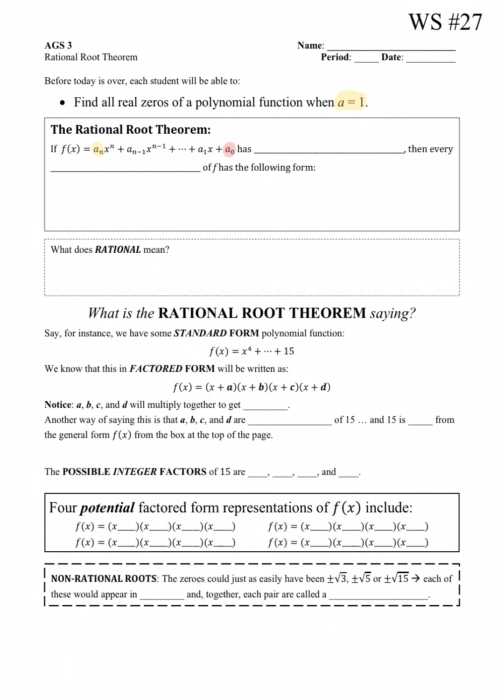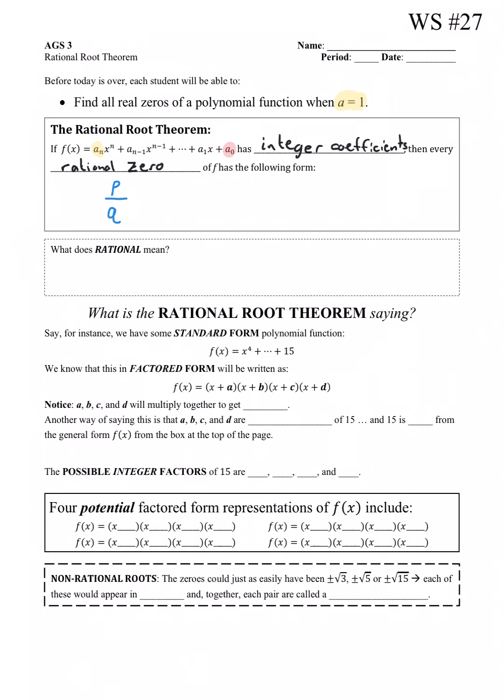All right, so if f of x, and this is this whole expression for a polynomial function, which we broke down a couple class periods ago, if it has integer coefficients, then every rational zero of f, which is just the function, has the following form. Every single one is going to look like this.